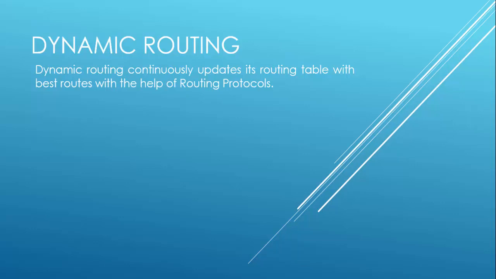They are sending updates that this link is live, and these are the networks in my other branch, and they are exchanging that information. So dynamic routing continuously updates its routing table with the help of routing protocols, and they add the best routes and maybe backup routes. In this scenario there were no backup routes. In some scenarios, if we are using ring topologies or we have multiple links, they add all those links, so that if this link goes down, they will move to the other one. All these things are done with the help of dynamic routing protocols.